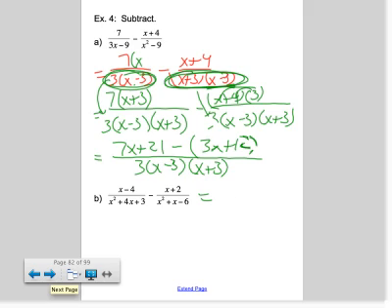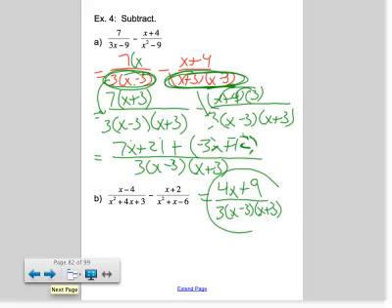And then the final step here is just combining, so distribute the negative sign. Alright, and so what I have is 7x minus 3x, that's 4x. And I have 21 minus 12, which is positive 9. All of that over 3 parentheses x minus 3, x plus 3. And so that's what we're looking at.